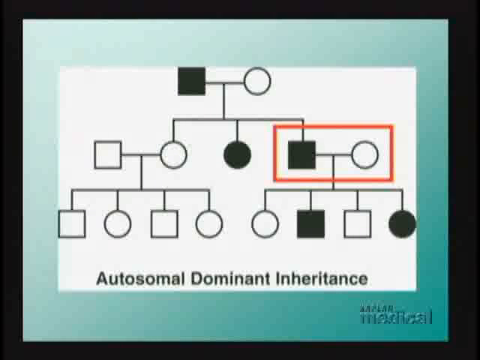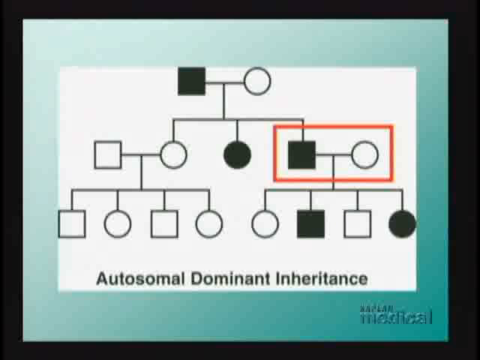The couple that I've put the box around on your slide is a typical couple that you will find for an autosomal dominant disease. In that couple, one of the members, in this case the wife, is normal, that is, she is homozygous normal, does not have a copy of the mutation.